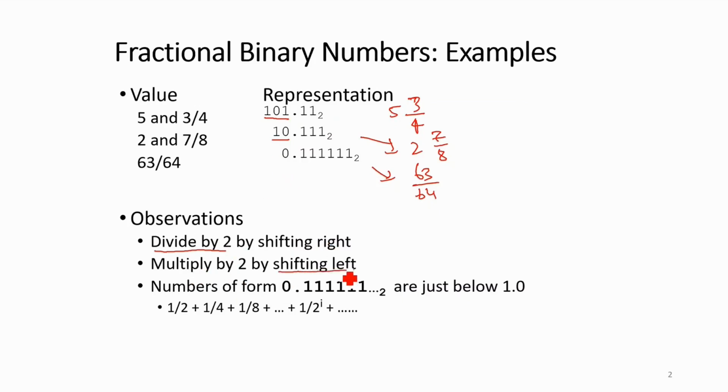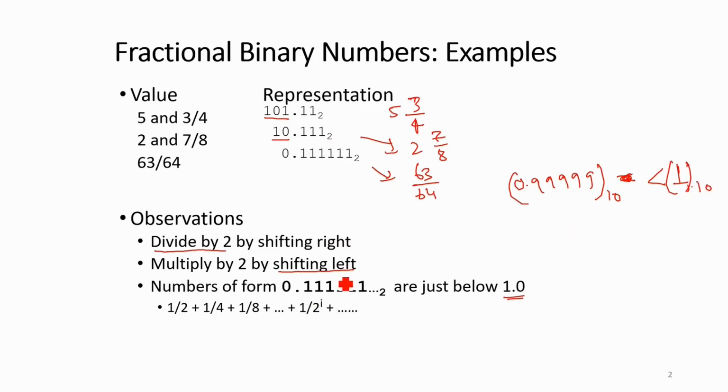Also, as an observation, 0.1111 in the binary number system will always be less than the value 1, just as 0.9999 in decimal will always be less than the value 1.